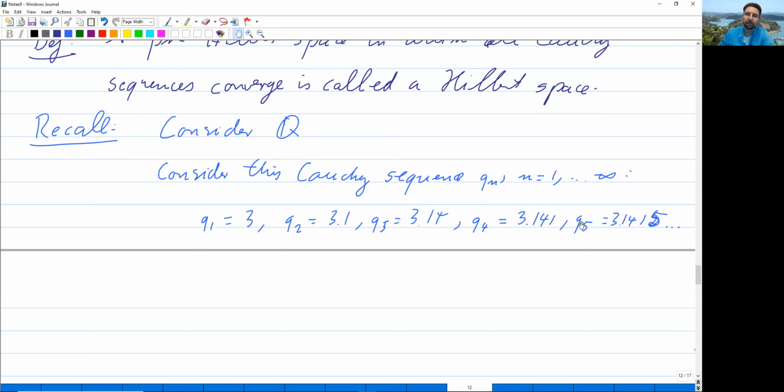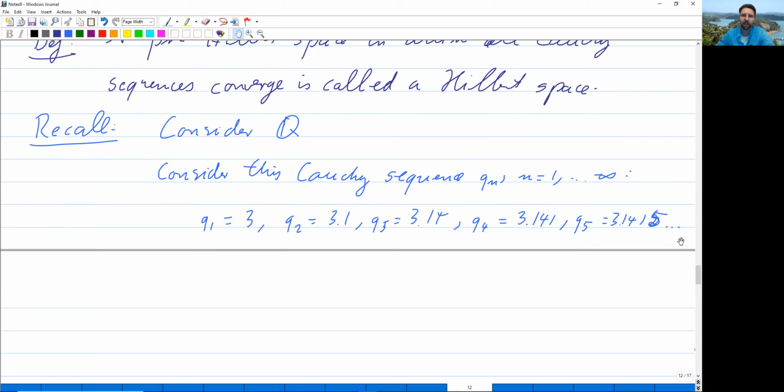And clearly these numbers get closer and closer to each other because they differ only further and further down the road at higher digits. So this sequence of numbers is a sequence of numbers that get closer and closer, and they are forming a Cauchy sequence.